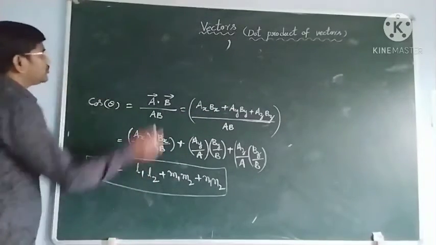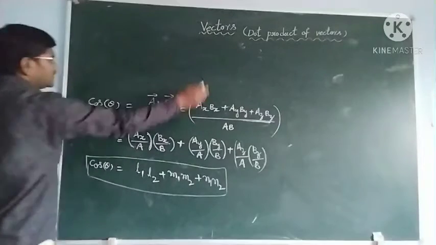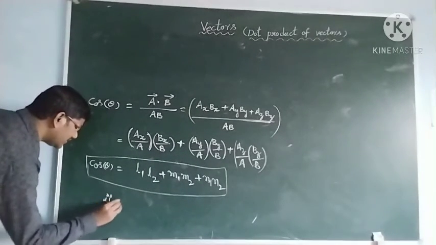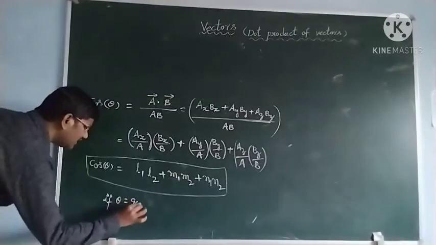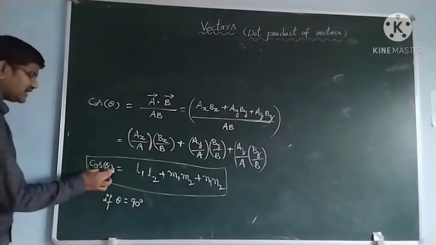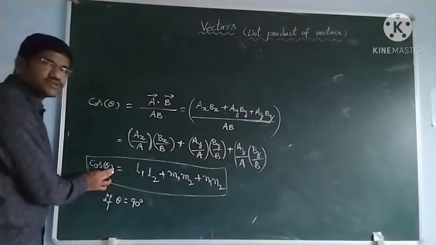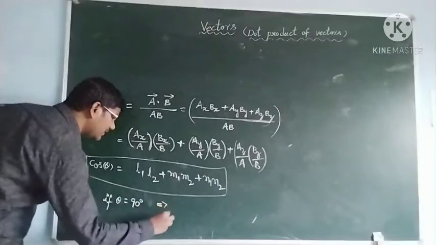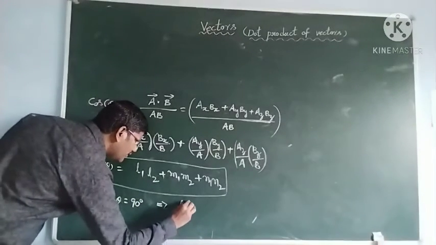If the two vectors are perpendicular, theta is equal to 90 degrees, and cos 90 degrees is 0.